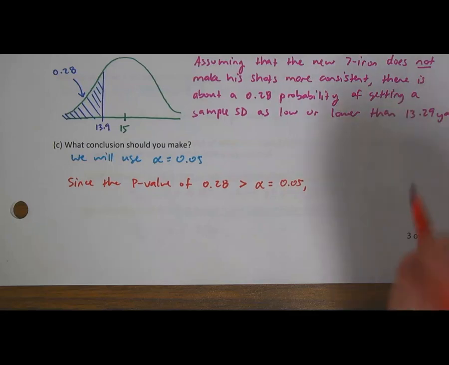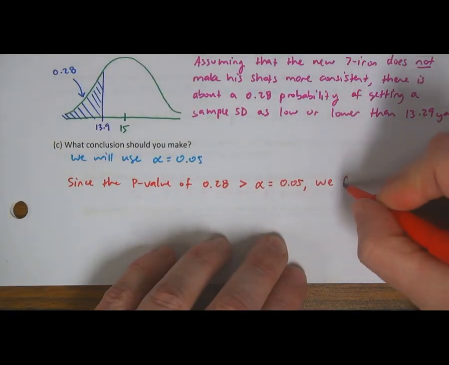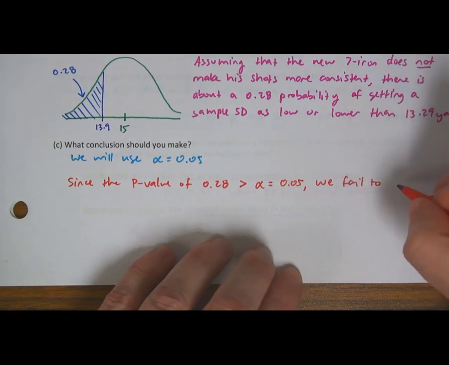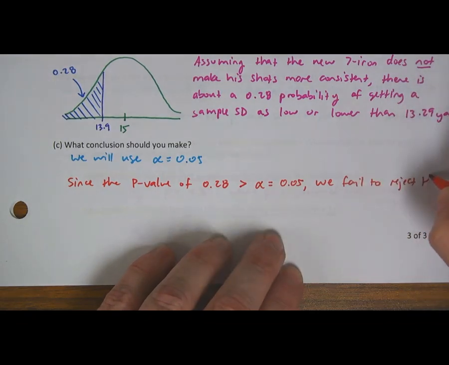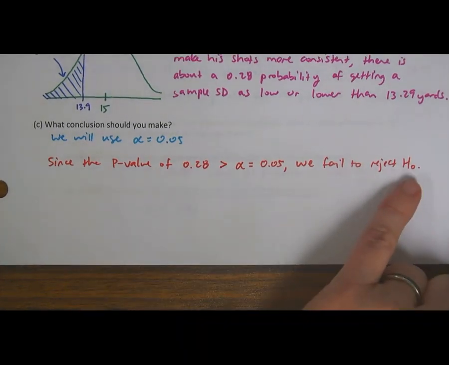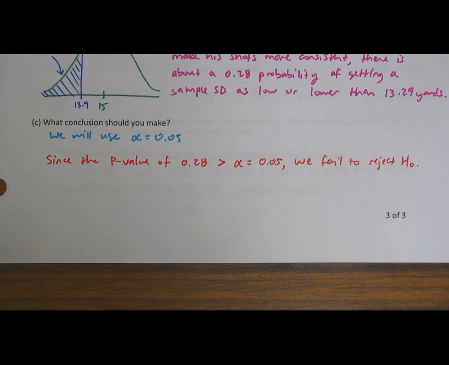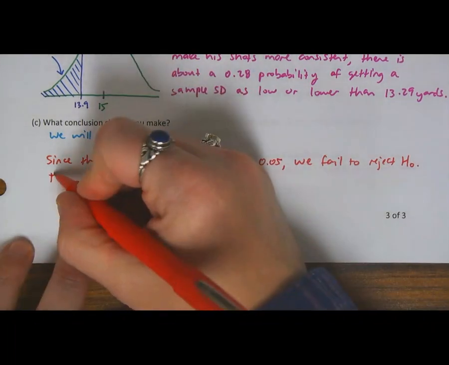And when that happens, we fail to reject the null. You don't have to put that part in context. It's the next sentence that will have context to it. There is not convincing evidence.